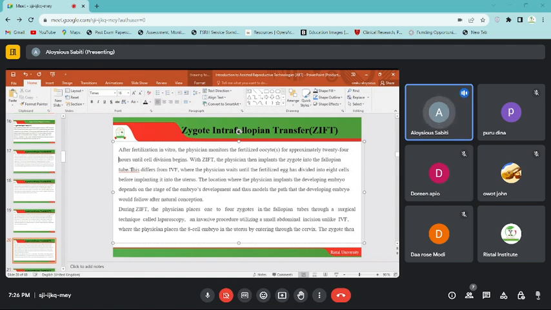The location where the physician implants the developing embryo depends on the stage of the embryo's development, and thus models the path that the developing embryo would follow after natural conception.